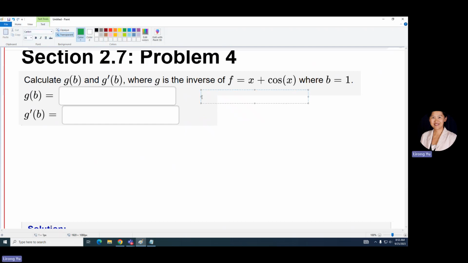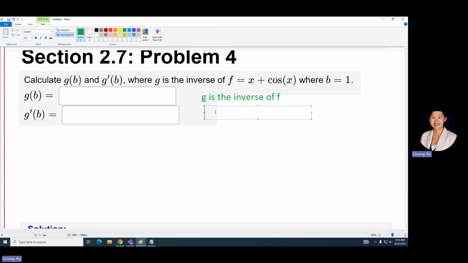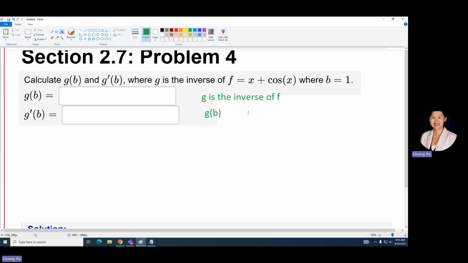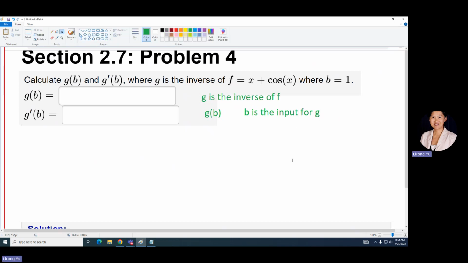Try to understand it. g is the inverse of f. We're going to calculate g of b. So b is the input for g, and g is the inverse.